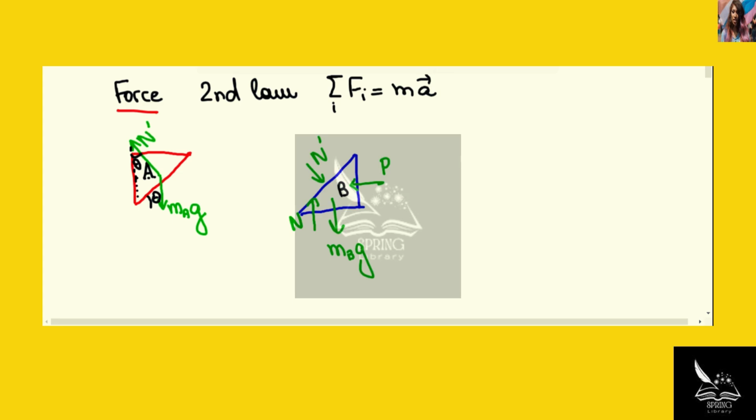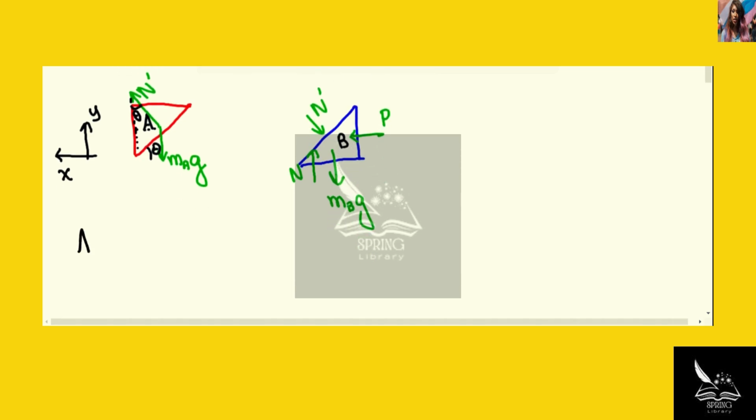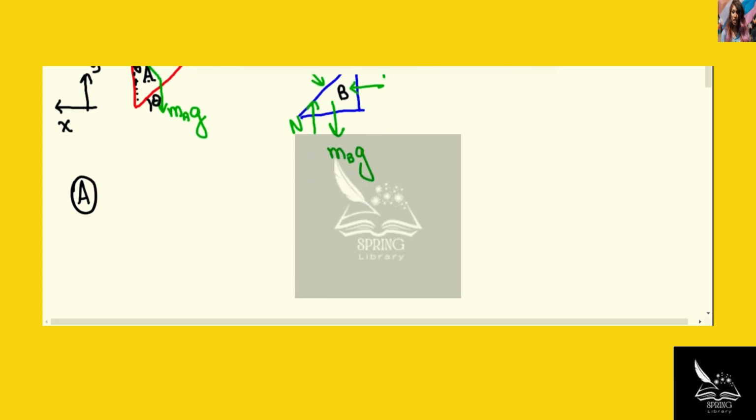And I'm going to set up a coordinate system such that the y-axis is pointing upwards and the x-axis is pointing to the left. So first for block A, we have in the y-axis that the y component of the normal force is N prime times cosine of theta. Then we have minus MAG, and this is equal to 0 since the blocks are not moving in the y direction.